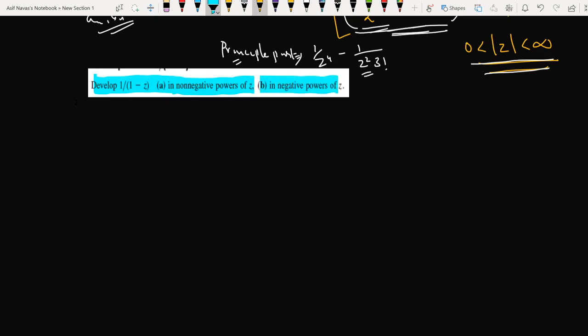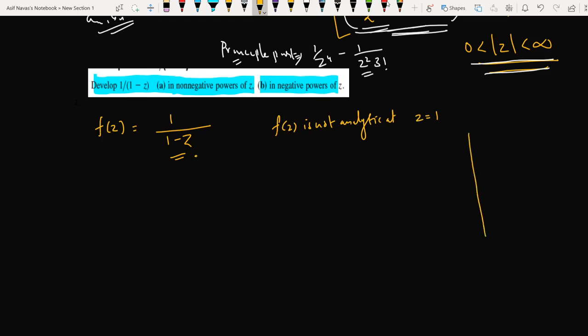So we want to find the Laurent series expansion of f of z equal to 1 by 1 minus z. Now, f of z is not analytic at z equal to 1, because then the denominator becomes 0.